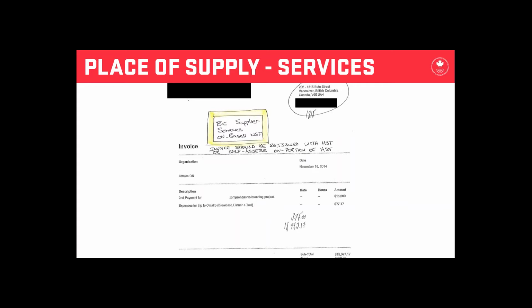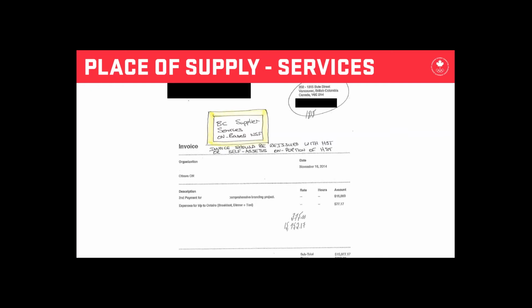So from the previous slide, we know that this supplier has its customer's address in Ontario, and given the rule that we just went through, they should be taxing them 13% HST as the customer is based in Ontario.